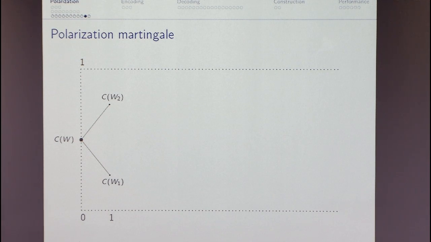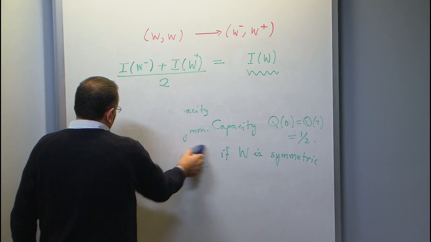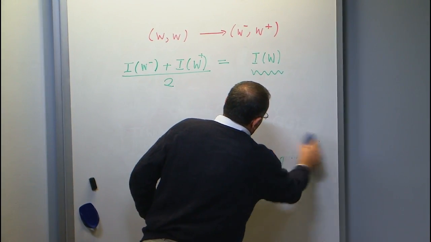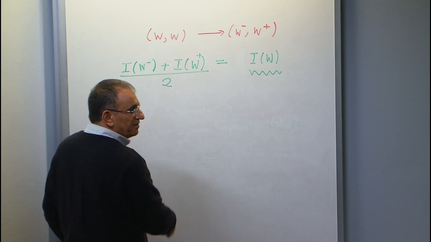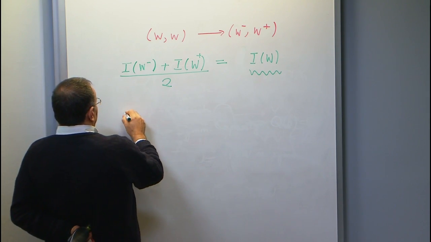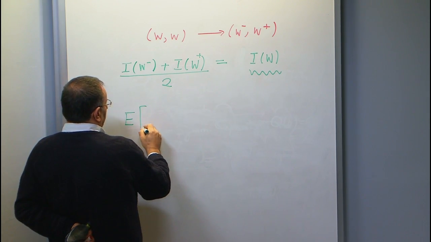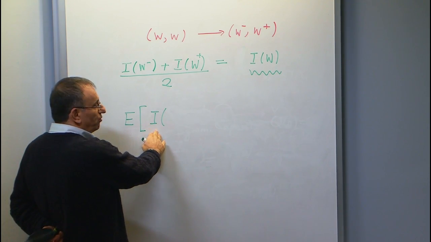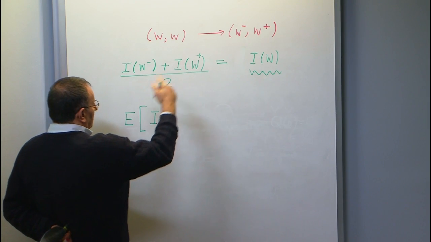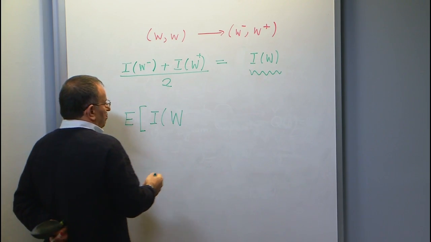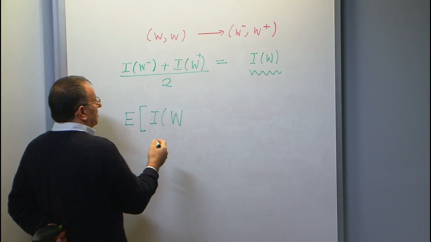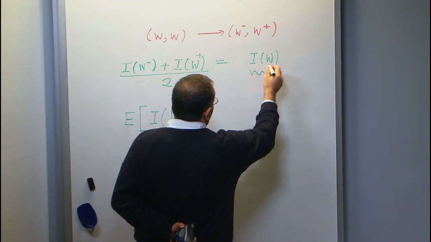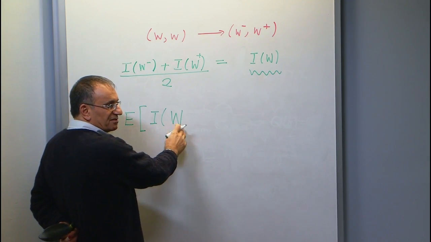If we do that, this equation here can be written as the expected value of the mutual information. We need to put here some other notation, a time index.